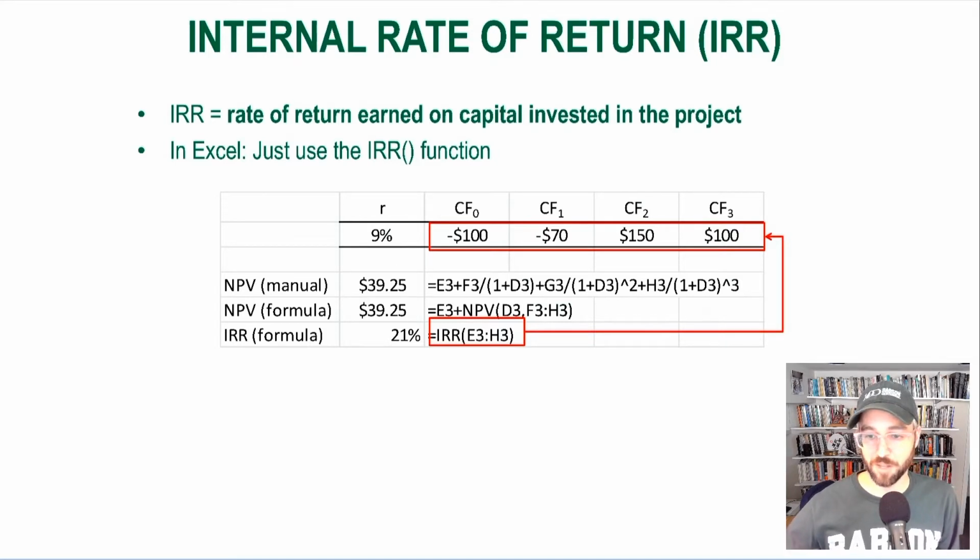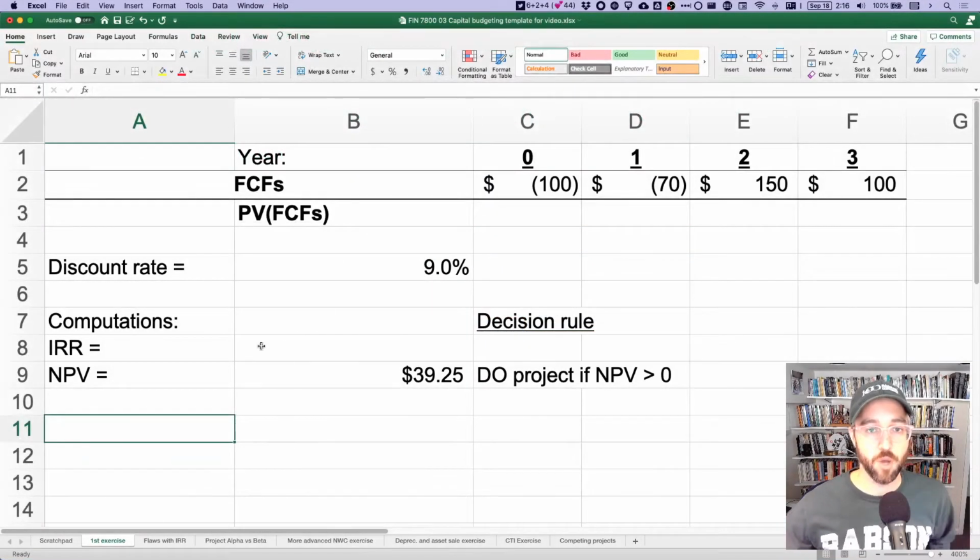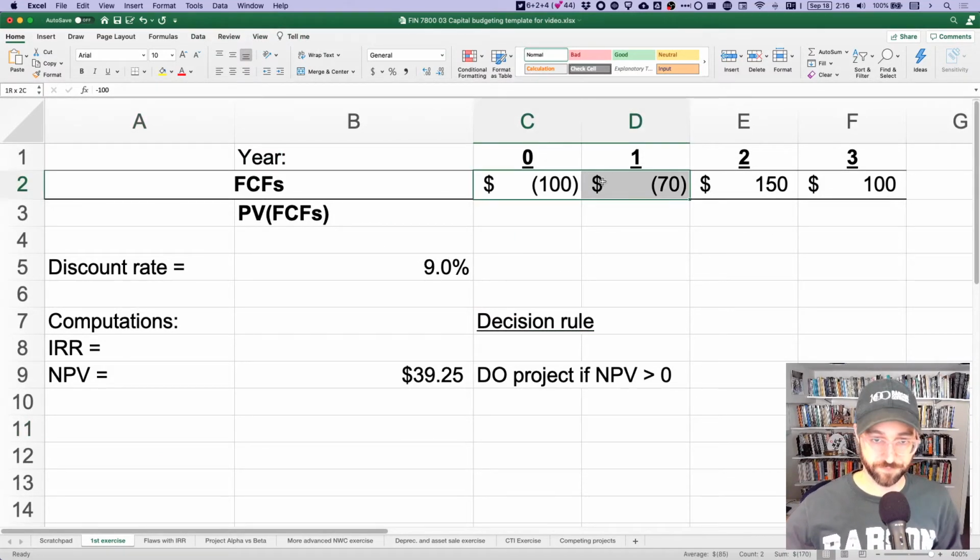What the example on the slide does is move to an example that we could also evaluate an NPV on. That's included on the slide, and I'll show you again how we do that in Excel, and then we'll calculate the IRR. So if we move back over to Excel, we've got the cash flows laid out. This hypothetical project involves two initial negative cash flows.